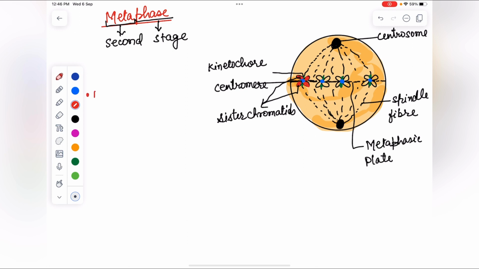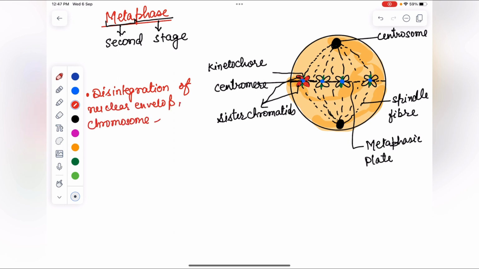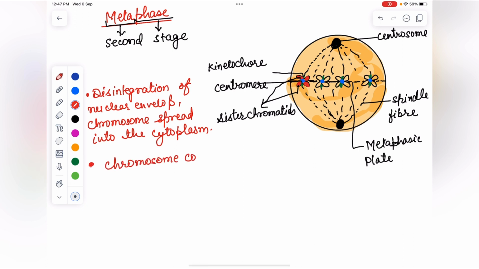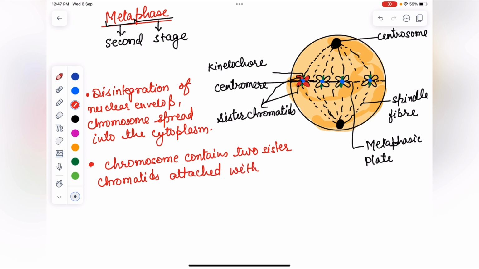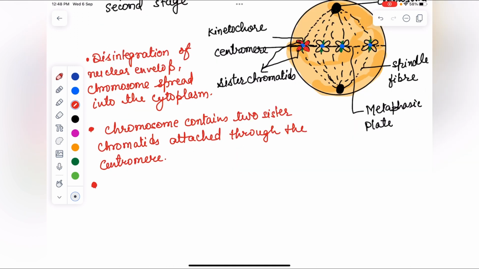First point is disintegration of the nuclear envelope and chromosomes spread into the cytoplasm. Second point is chromosome contains two sister chromatids attached through the centromere. Formation of spindle fiber is complete.